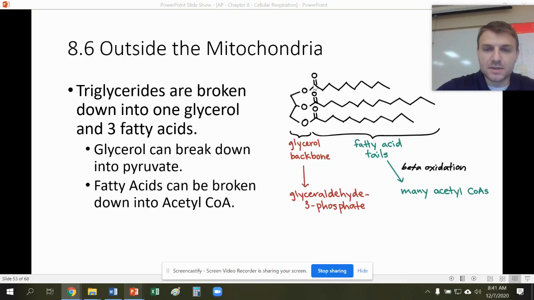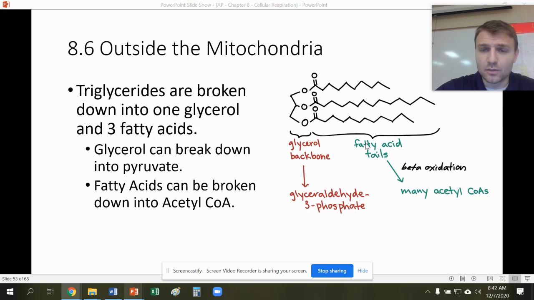So another thing that happens when we want to produce ATP and we don't have any glucose is we start breaking down fat molecules. We remember this from chapter 3 when we talked about triglycerides. We have our glycerol molecule here and we have our fatty acids. The really cool thing is this glycerol can be made into something called glyceraldehyde 3-phosphate, that's G3P, that can go into glycolysis.